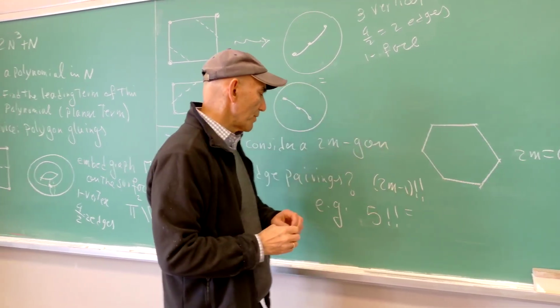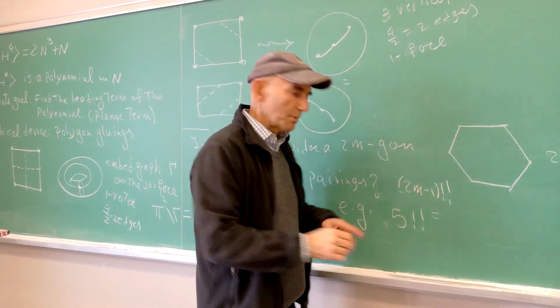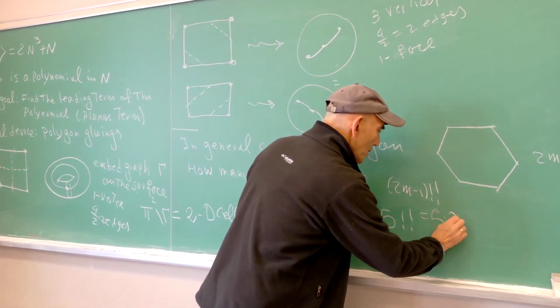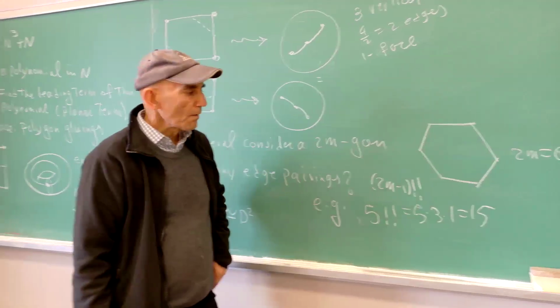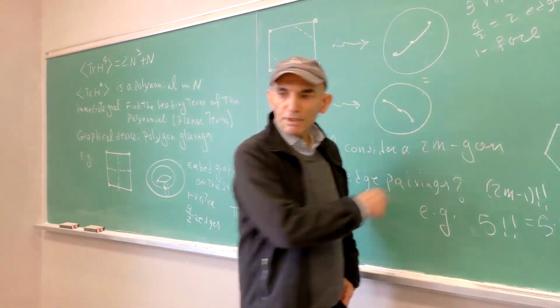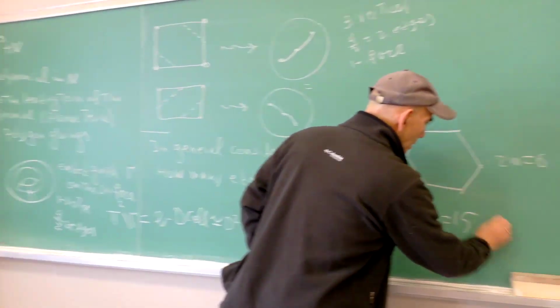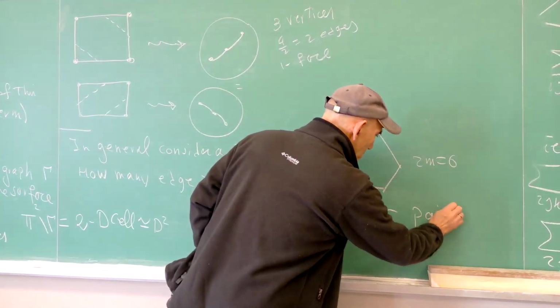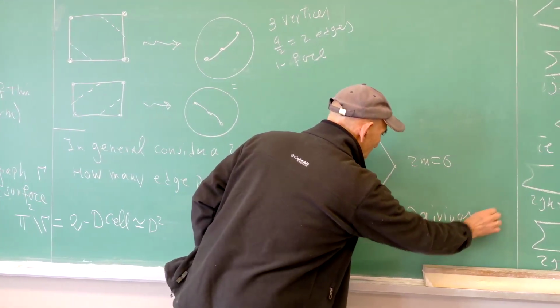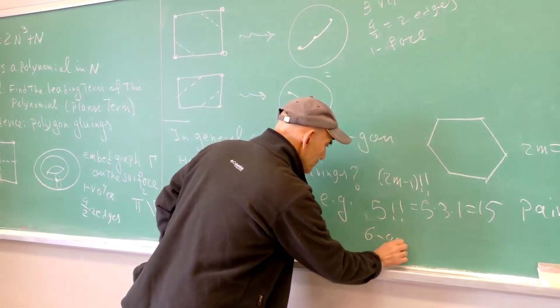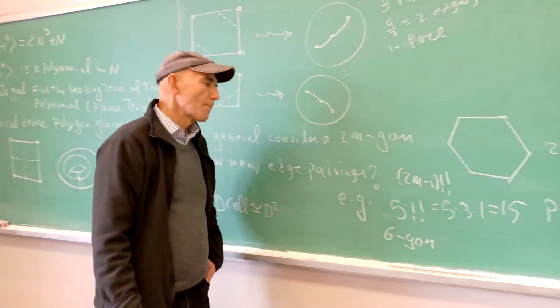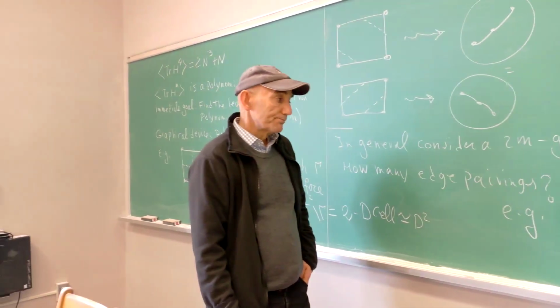And if you compute 5 double factorial, 5 times 3 times 1, which is 15, right? So 15 pairings of this six-gon. Okay.